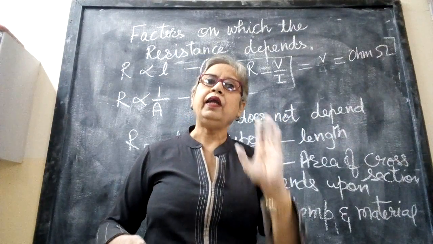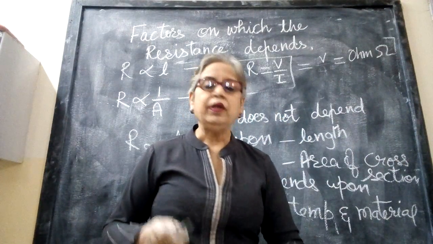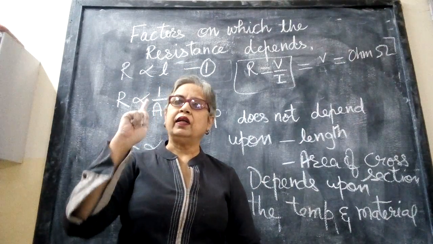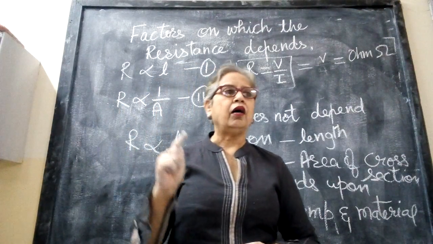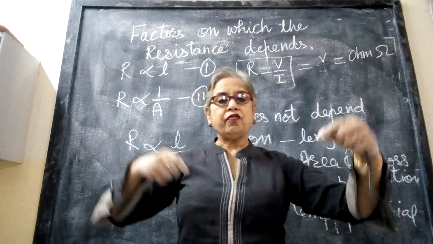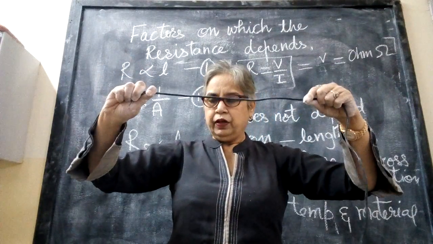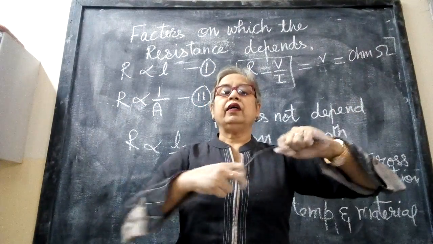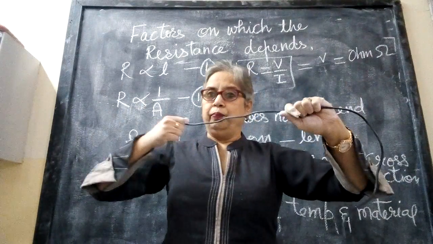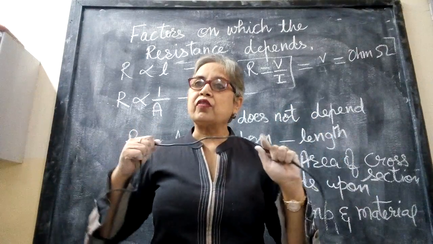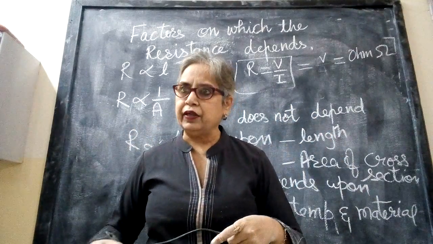It will again remain same because resistivity does not depend upon the length or the area of cross section. Okay. Now if I say that this wire is of copper, and this wire is of nichrome, so the resistivity is not same because the material is different.